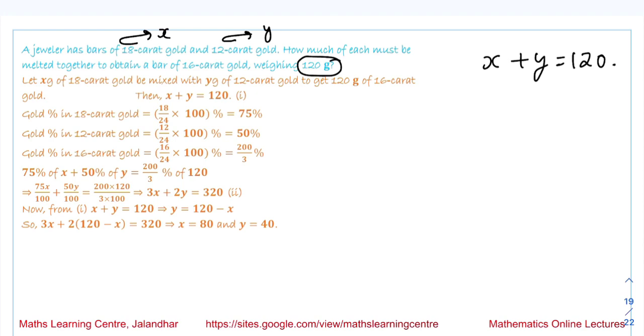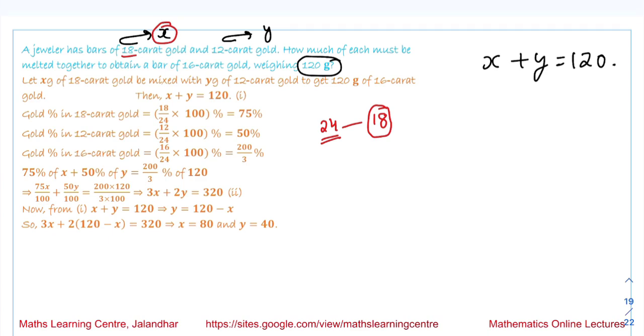So if we have x gram of 18 karat gold, 18 karat gold means that if the total is 24 karat gold, out of the 24 the pure gold is 18 grams.